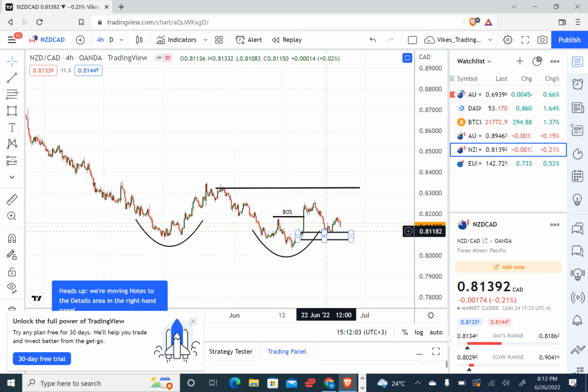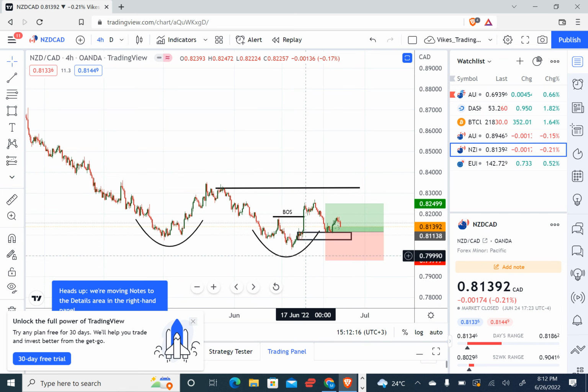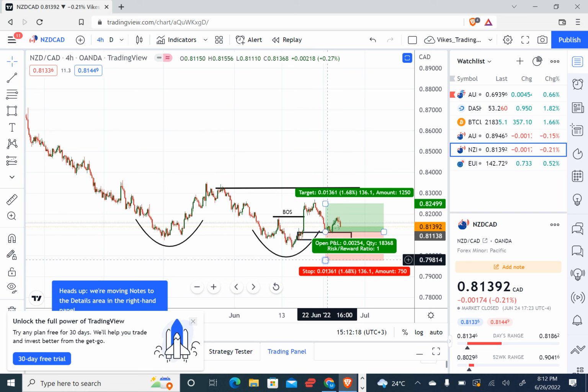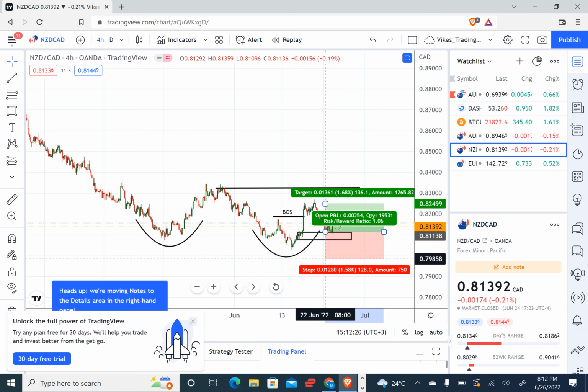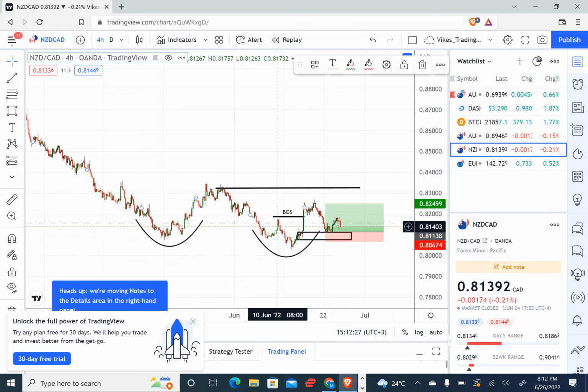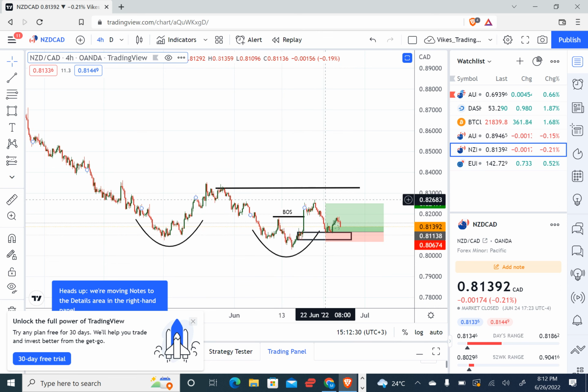So for the aggressive traders, they obviously were already triggered because they placed their, let me show you, they placed their buy limit. For aggressive traders, you always put your buy limit at the beginning of the OB, then your stop loss a few pips below the OB, then your target.